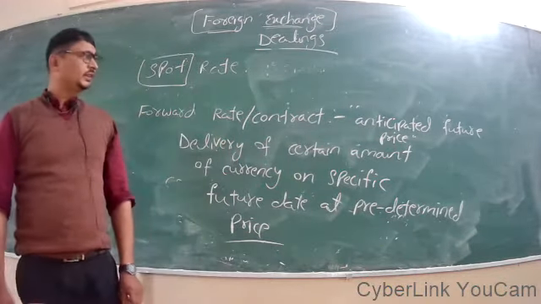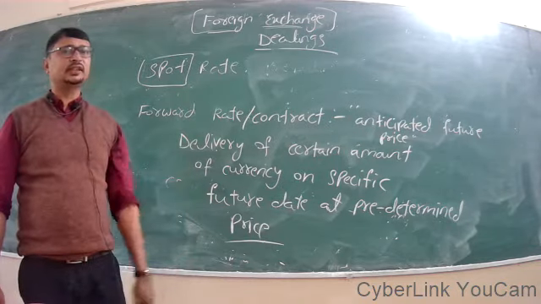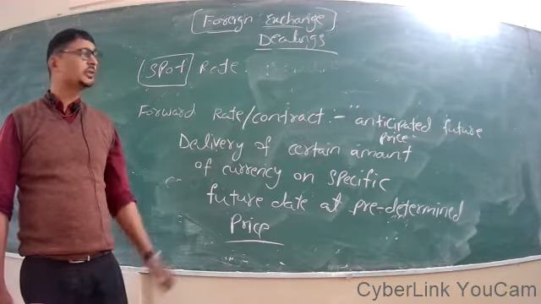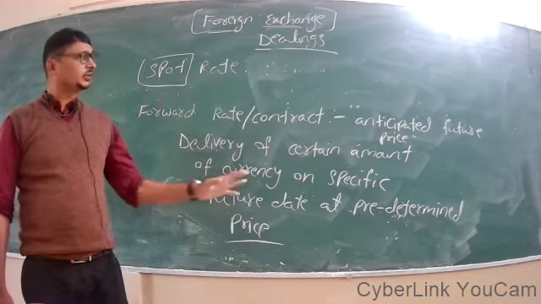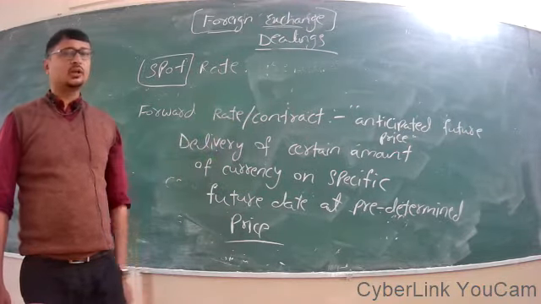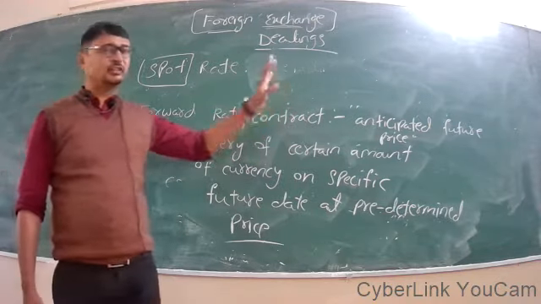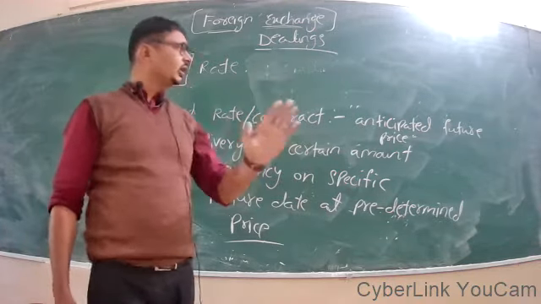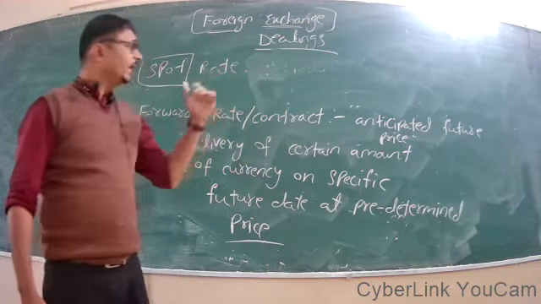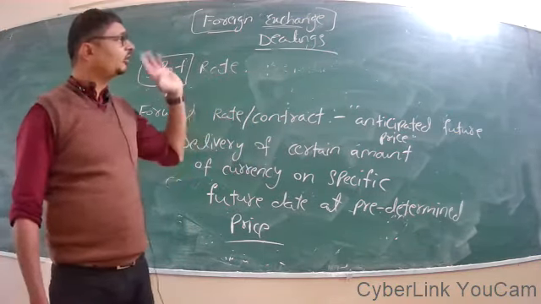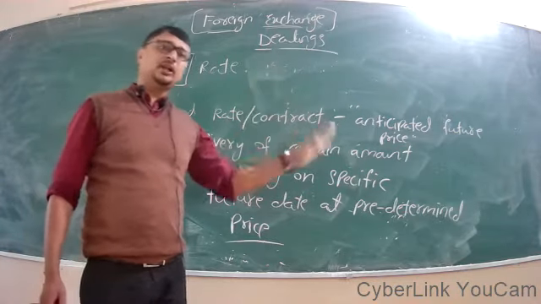So forward rate, say for example, if you go to ICICI Bank and you ask for exchange between $1,000 and the Indian rupee after 6 months, you may enter into a contract with the ICICI Bank saying after 6 months I will give you $1,000, and can you give me rupees at the rate of 75 per dollar after 6 months.